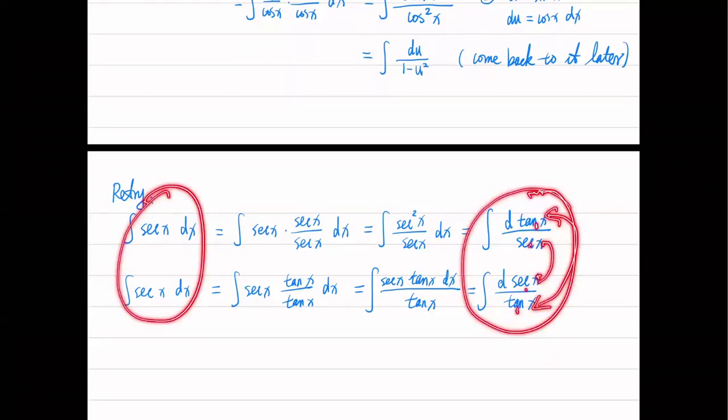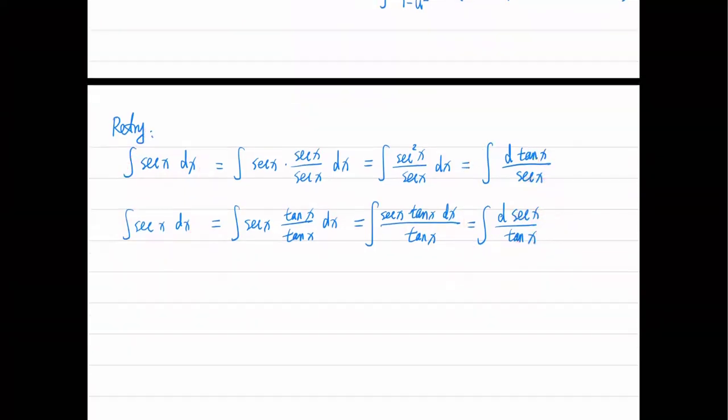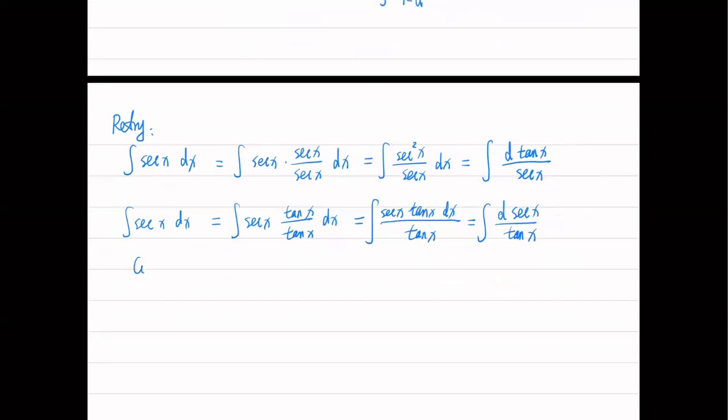Okay, so that's the idea. So now we are going to combine the two approaches. I'm going to multiply the combination. So sec x tangent x, tangent x, secant x.